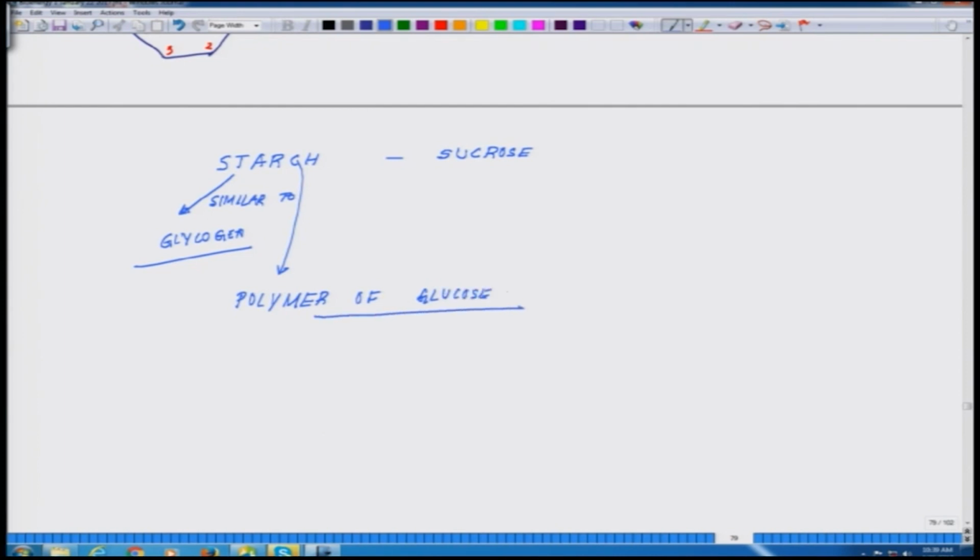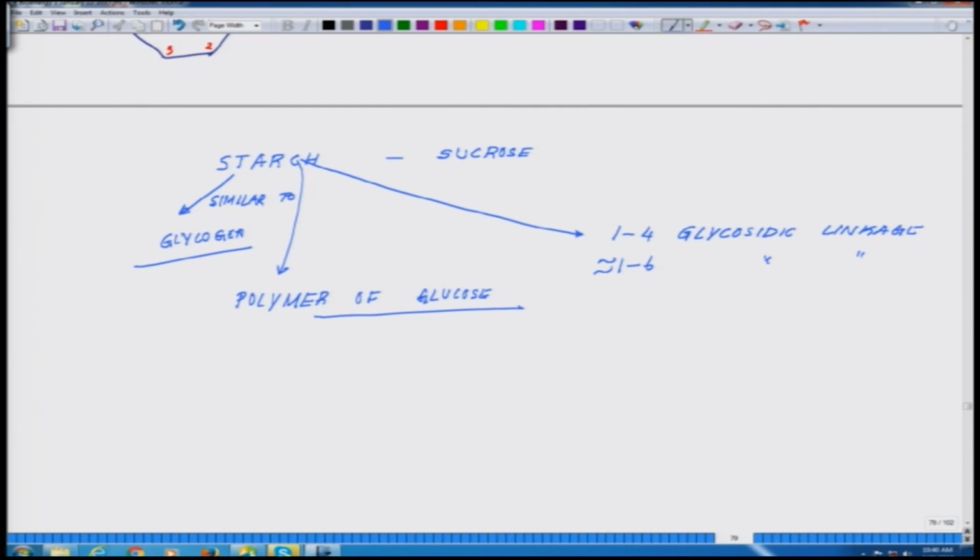Most of this polymeric chain consists of 1,4 glycosidic linkages, and there is a small fraction of 1,6 glycosidic linkages present in them.